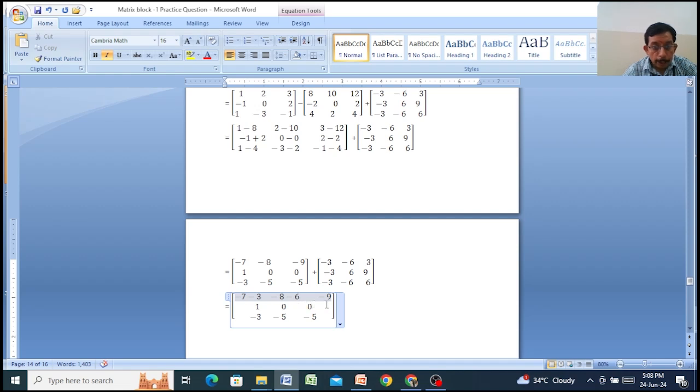Minus 9, the corresponding element is 3, so minus 9 plus 3. 1, the corresponding element is minus 3, so 1 minus 3. 0, the corresponding element is 6, so 0 plus 6. 0, the corresponding element is 9, so 0 plus 9. Now we come to the last row, minus 3, the corresponding element is minus 3, so minus 3 minus 3. Minus 5, the corresponding element is minus 6, so minus 5 minus 6. Minus 5, the corresponding element is 6, so minus 5 plus 6.